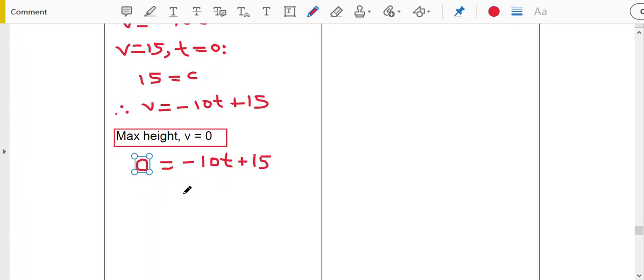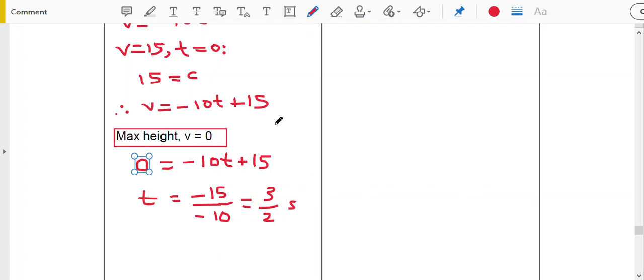So I subtract 15. And then I'll need to divide by a negative 10. So it would be t equals minus 15 divided by minus 10, which is divide both numbers by 5, which is 3 over 2. Okay, s for seconds.